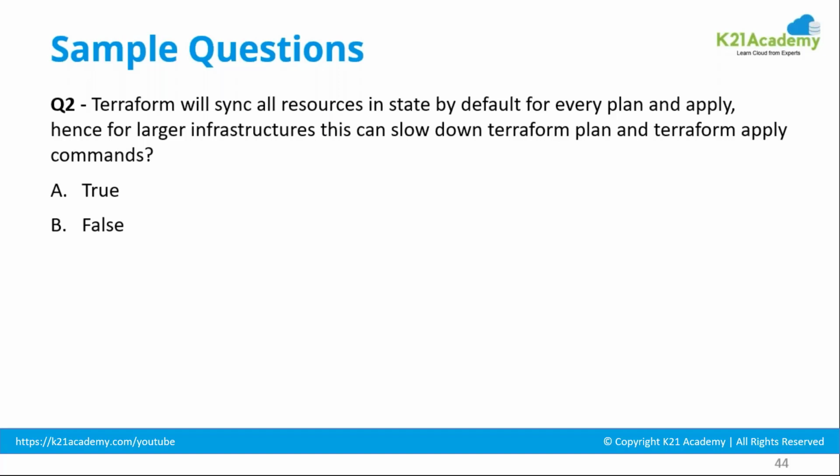True. Okay, correct. If you sync all the resources in state by default, and if the infrastructure is very large, of course, the plan and apply will slow down your sync.